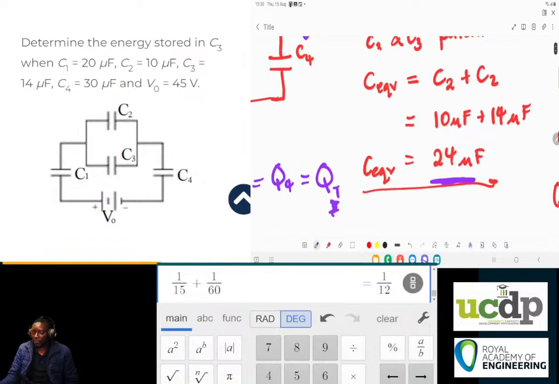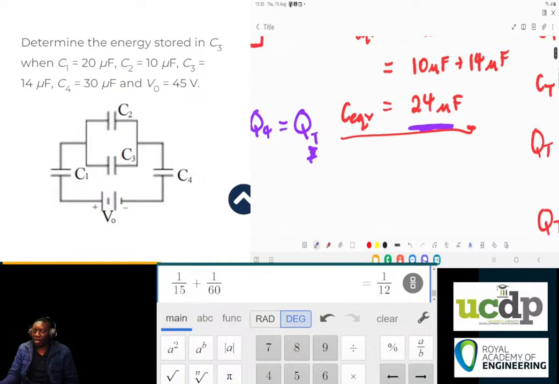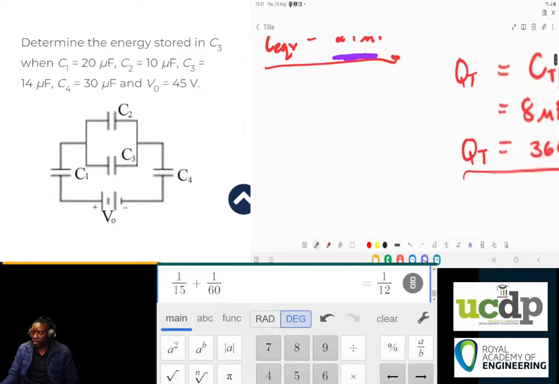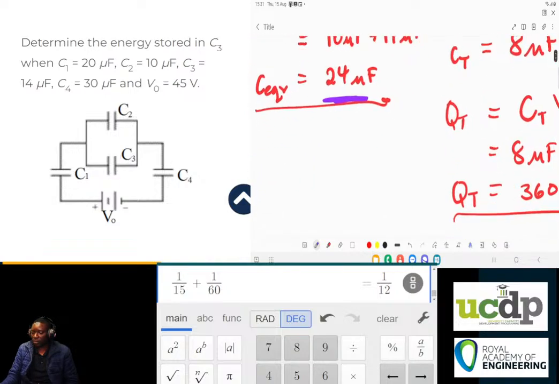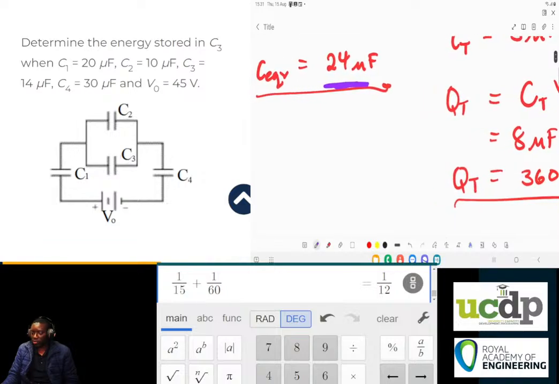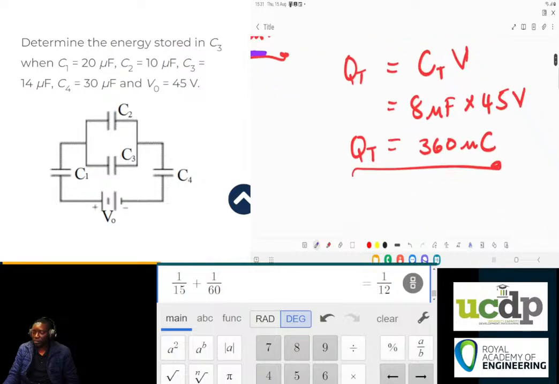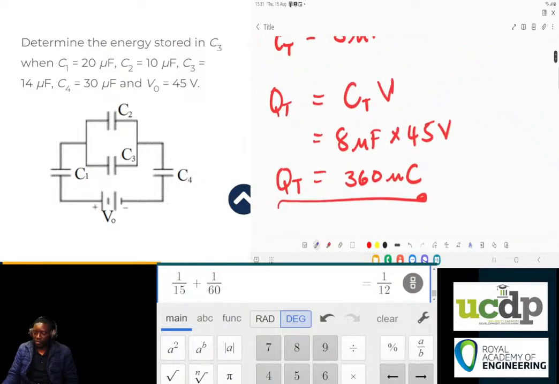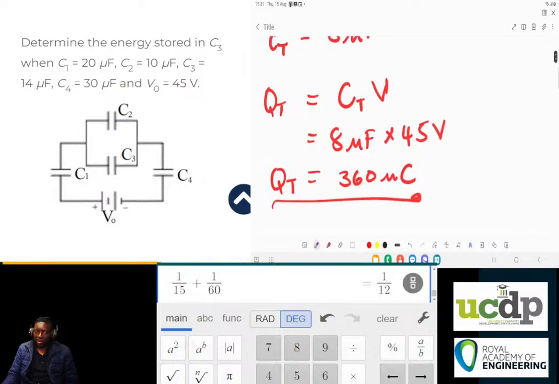Then it means we can now find the voltage across this total capacitance. What is our formula for voltage? Did I lose you somewhere?